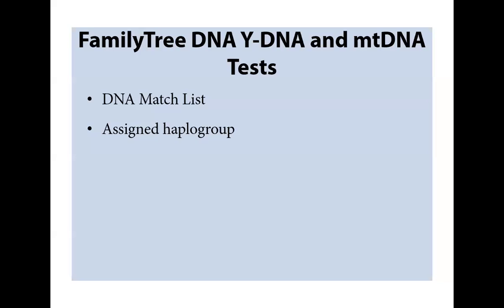Like my example, my father is R1B1, and he has largely Irish ancestry. So his match list is going to consist of other people that share his Y-DNA evidence, as well as that migration pattern. And then I have a different haplogroup from my mother's side.